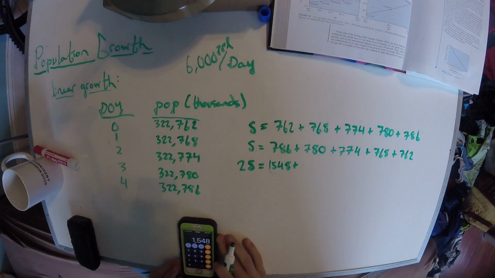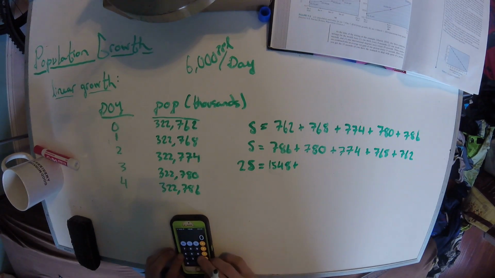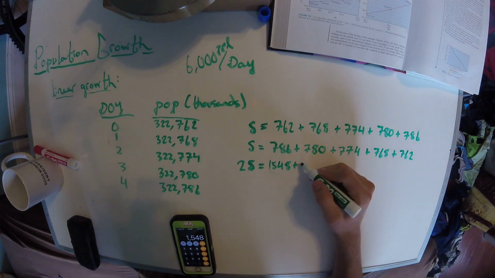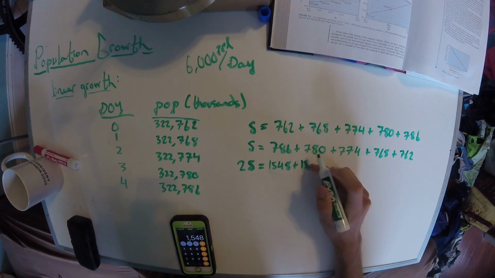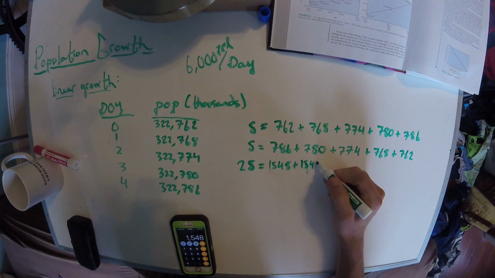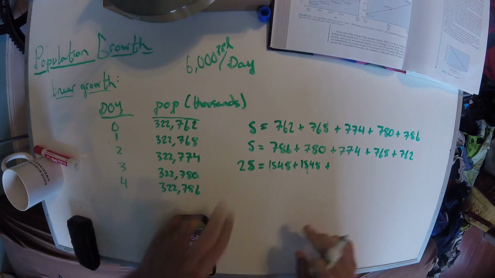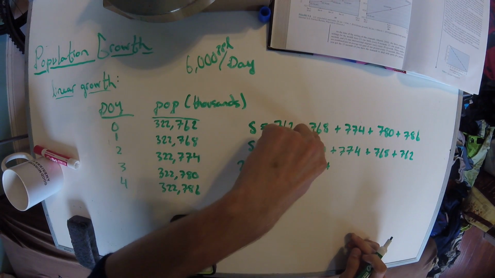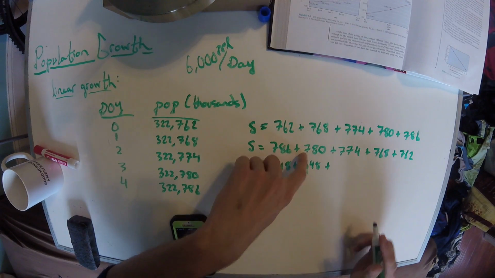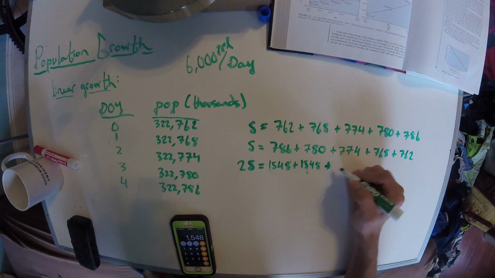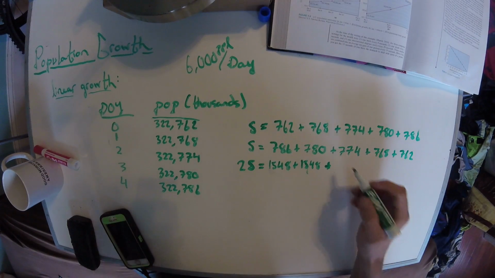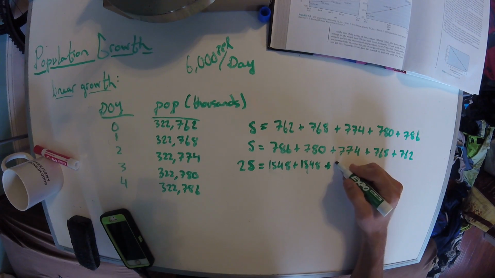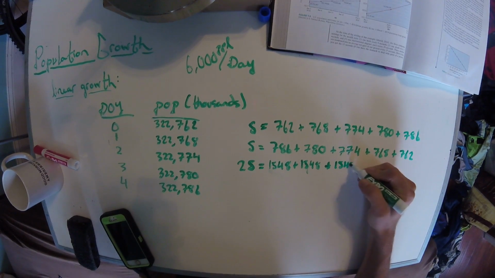Okay, and now let's go ahead and try that with these two. 768 plus 780. Oh geez, it's the same thing. And why is that? Well, every time we move forward, the top number gets bigger by 6, the bottom number gets smaller by 6. So these will always be the same. They'll always be equal to 1,548.